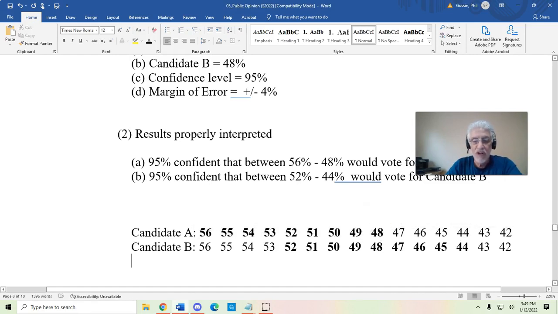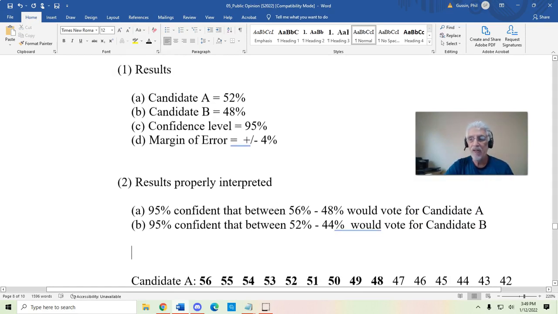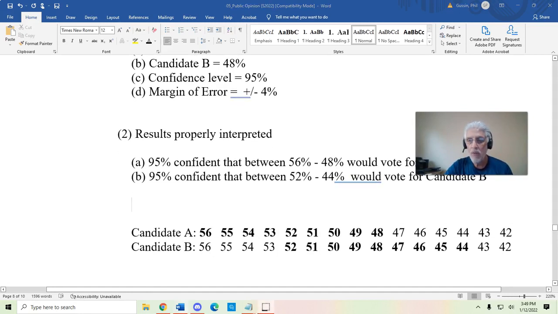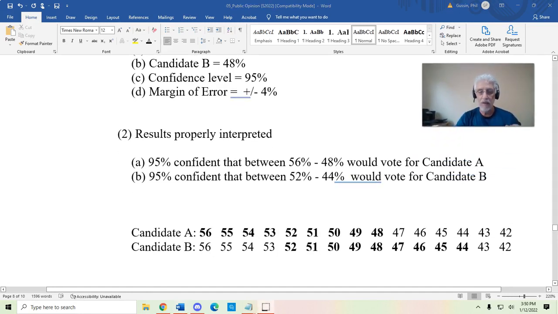The possible results, at the 95% confidence level, for candidate B was between 52% and 44%. But the thing is, we don't know, statistically speaking, whether it's 56% or 48% for candidate A, and we don't know if it's 52% or 44% for candidate B.